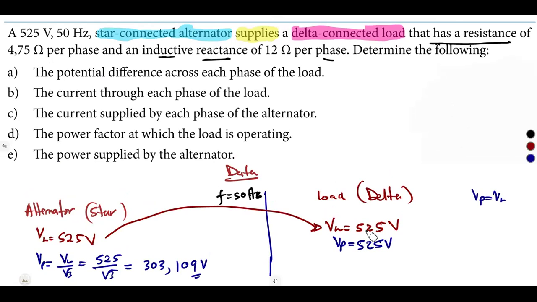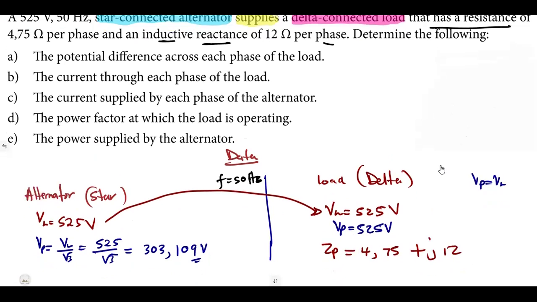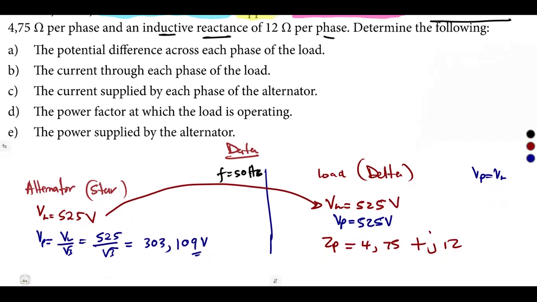So meaning to say we have impedance per phase on the load, not the alternator. So this is going to be 4.75 plus, remember, inductive you add, that's our jXL, which is j12 ohms per phase.